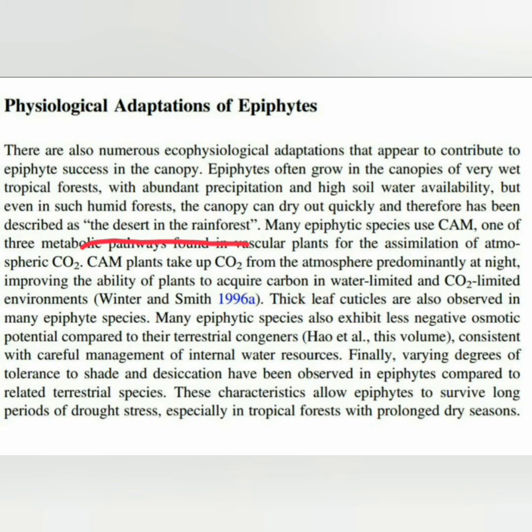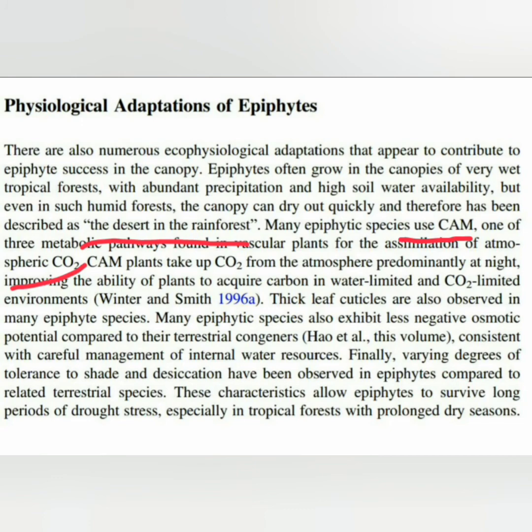Many epiphytic plants use the CAM cycle. It is one of the three metabolic pathways found in vascular plants for the assimilation of atmospheric carbon dioxide.